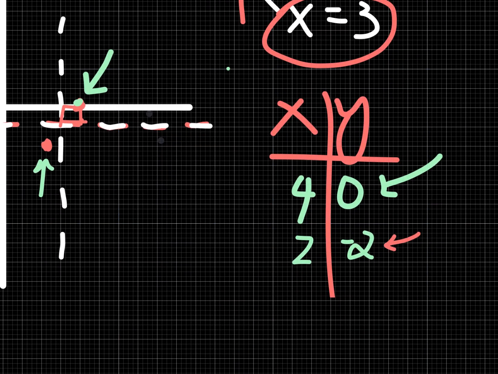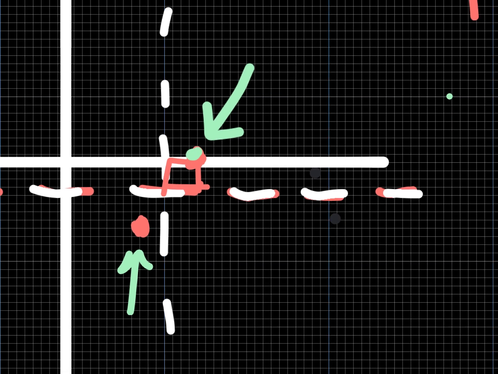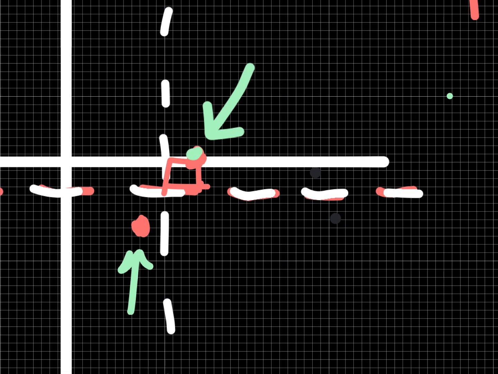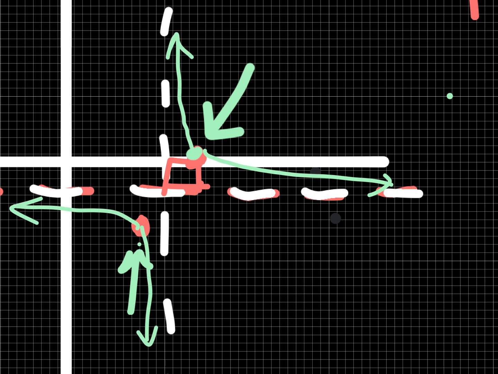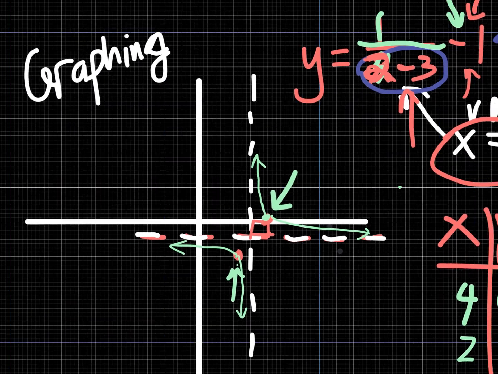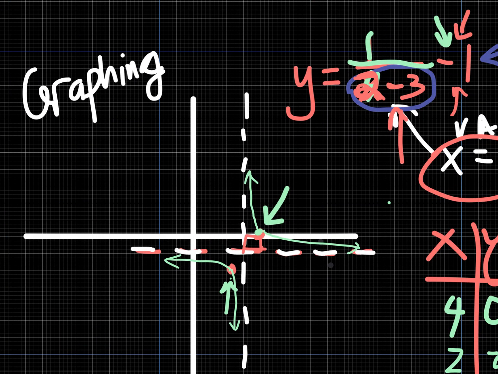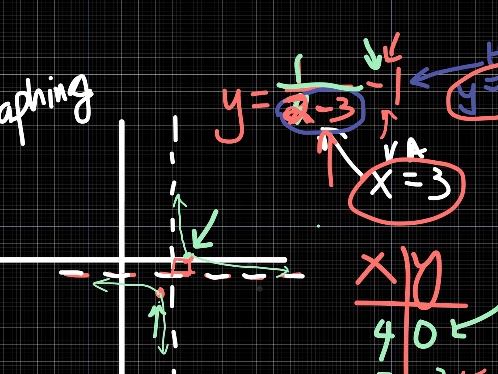Look at that. So there's a reason that those points make sense. And then I just have to draw the line getting closer and closer and never touching. That is the graph of 1 over x, except moved right 3 and down 1.